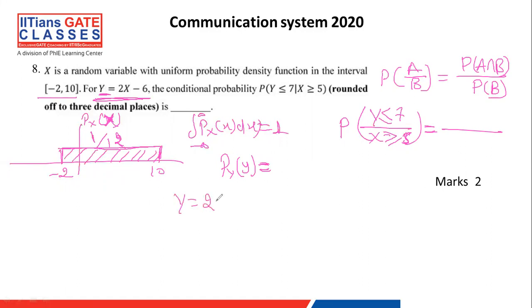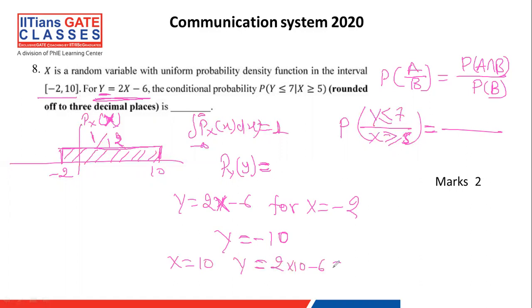So y is equal to 2x minus 6. When you put x equal to minus 2, which is the starting point of x, y will be equal to minus 10. And for x equal to 10, y will be equal to 2 into 10 minus 6, which is 14.